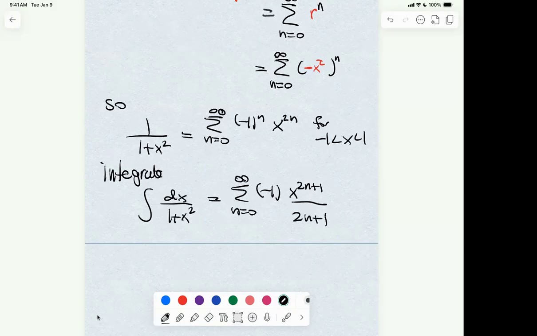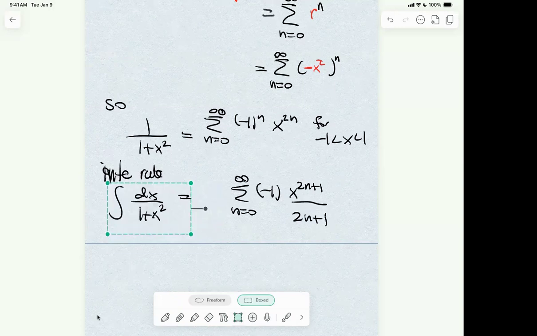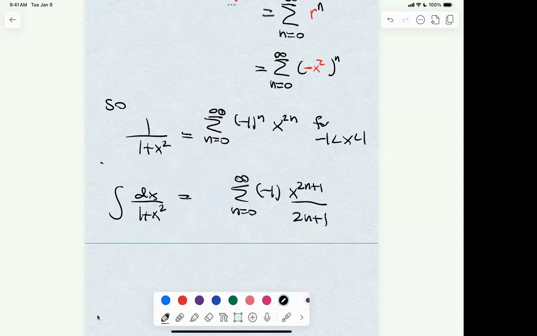Let me put a constant of integration. Sorry about that. Integrate both sides. And then magically it gives you a Taylor expansion for the arctangent, at least between those values.